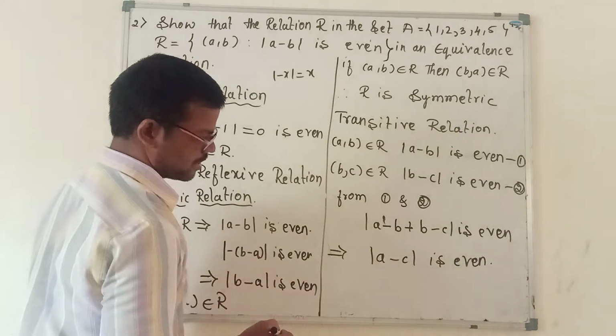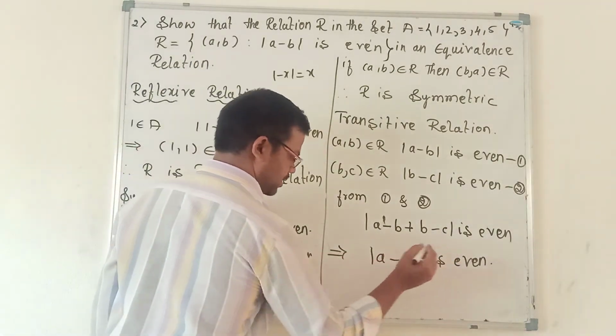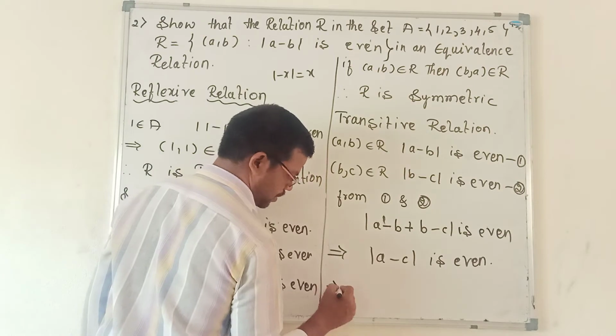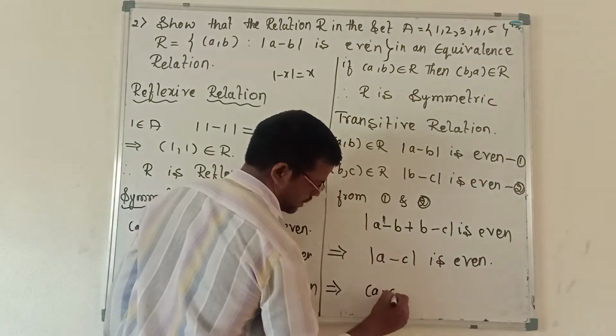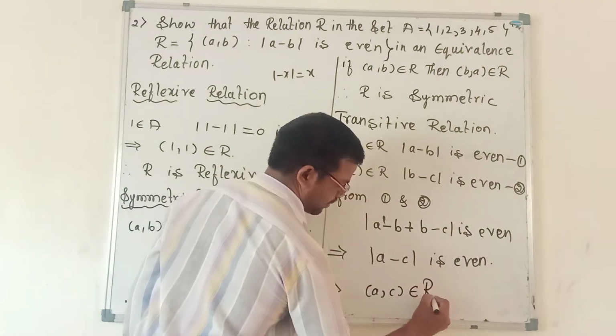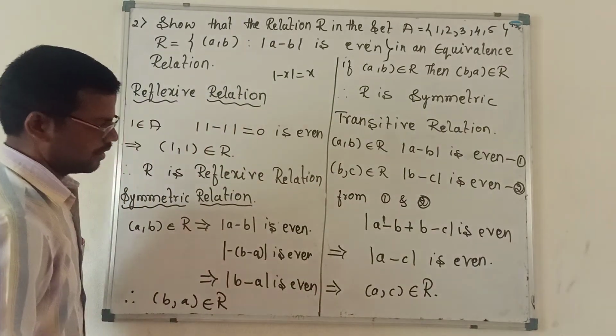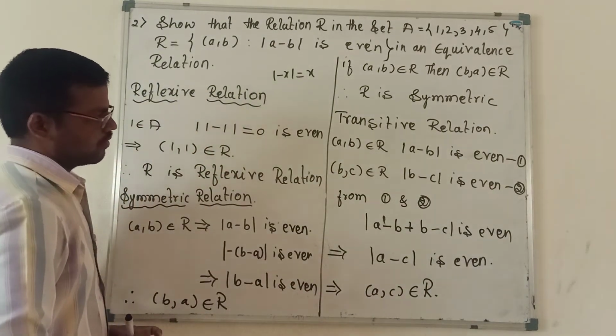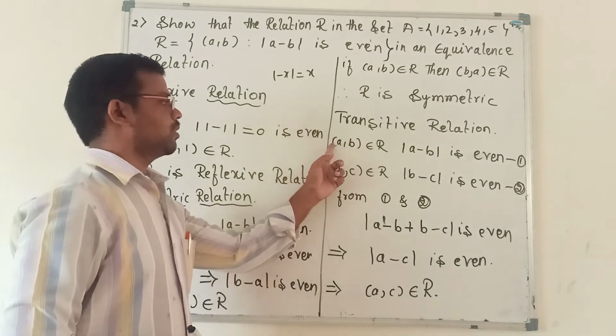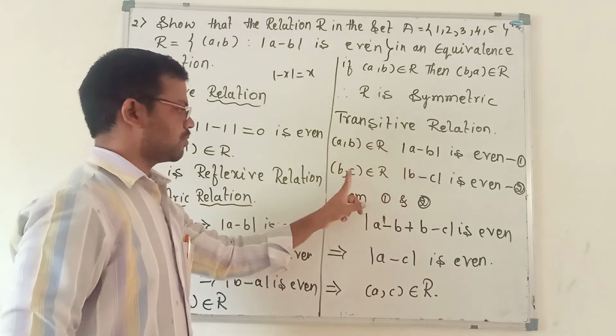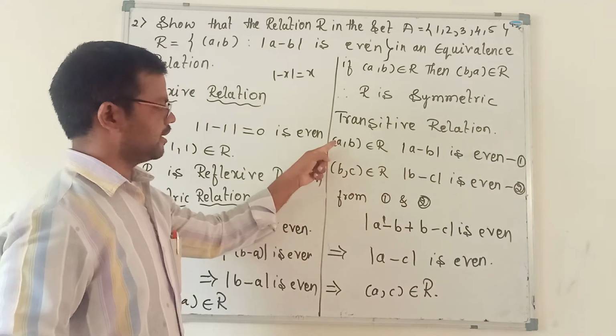If mod of a minus c is even, it implies that (a, c) belongs to R. So we considered first (a, b) belongs to R, (b, c) belongs to R. Then what do we get? (a, c).